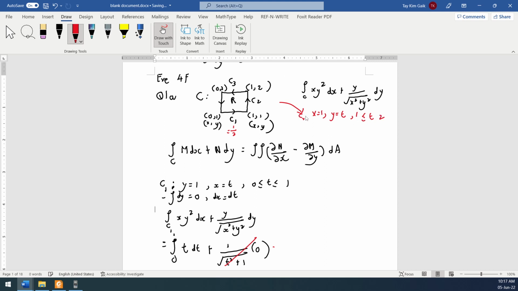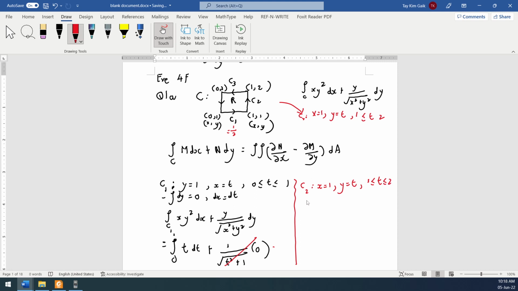So I put it here, C2. You see x is fixed, which is x equal to 1. Y is variable. Y moves from the point 1 to 2, that's why t moves from 1 to 2.